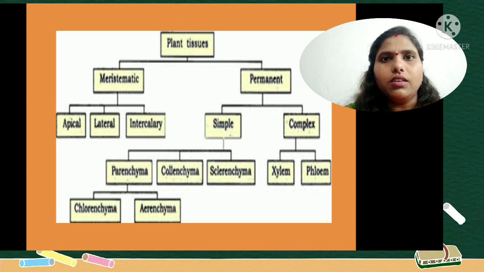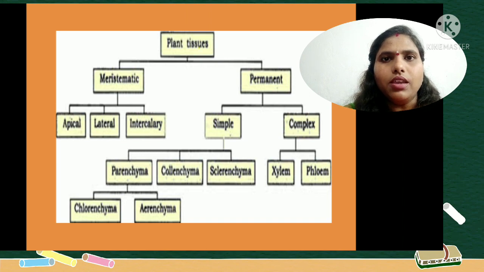In the same way, in permanent tissues there are two types, simple and complex. In simple tissues, parenchyma, collenchyma and sclerenchyma are there. In complex tissues, we can observe two types, xylem and phloem.